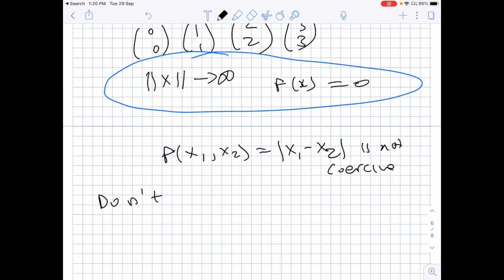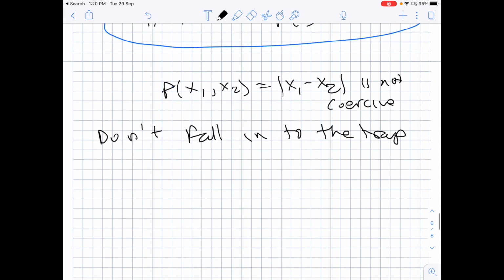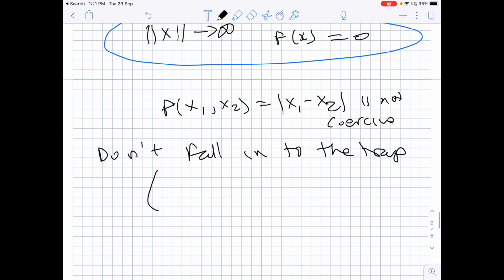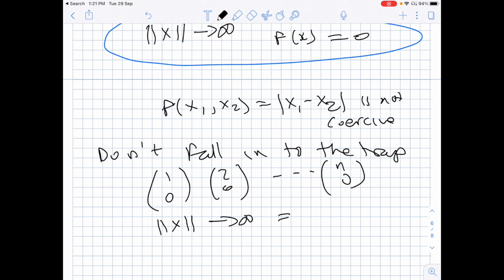So don't fall into this trap. What I am trying to tell you is, don't fall into the trap that, for example, if you take a sequence (1,0), (2,0) and so on up to (n,0), this sequence goes to infinity, and my f of x here also goes to infinity.